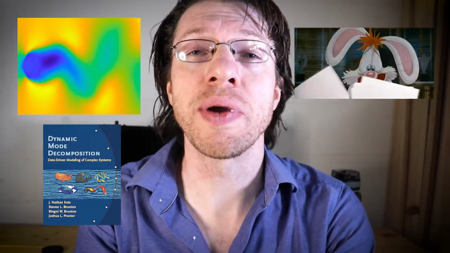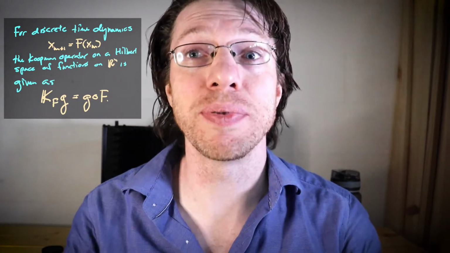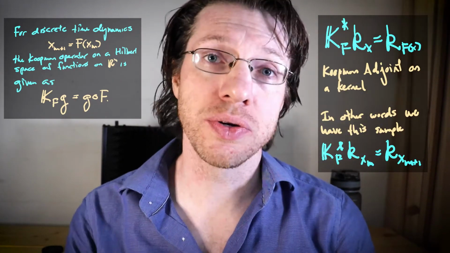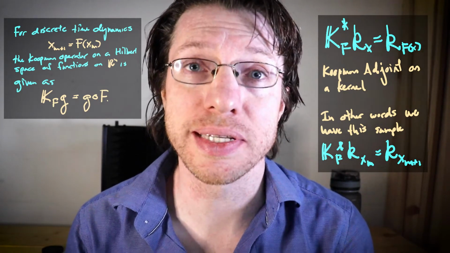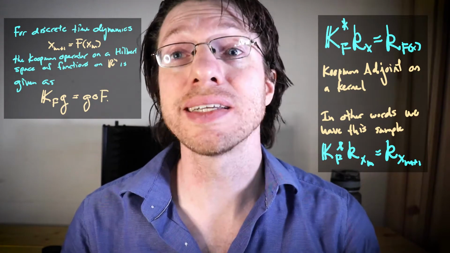This one here is the one that corresponds to flow around a cylinder. Now the idea is that we treat each of these as a discrete time dynamical system, and we can use kernel functions and composition operators, which are also called Koopman operators, in order to build a model for the system. Problem is, we don't know exactly what the discrete time dynamics are. This is a data-driven problem, so we don't know the dynamics, but we'd like to discover them.